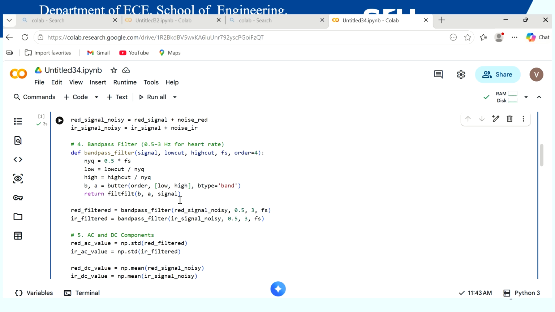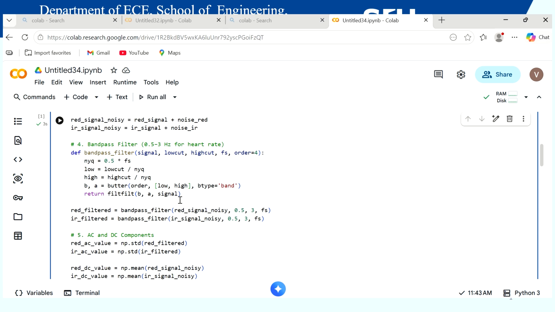And then, why are we choosing 0.5 to 3 Hz? Is there any standardized value, we may ask? Why not another frequency range? The reason is normal heart rate. 0.5 Hertz is equal to 30 beats per minute, and 3 Hertz is equal to 180 beats per minute.